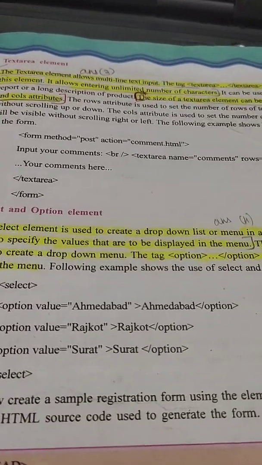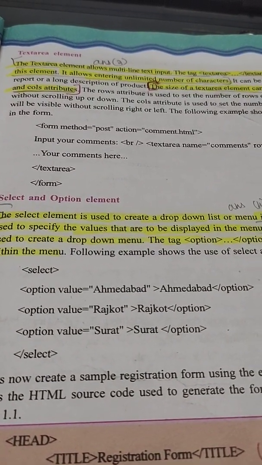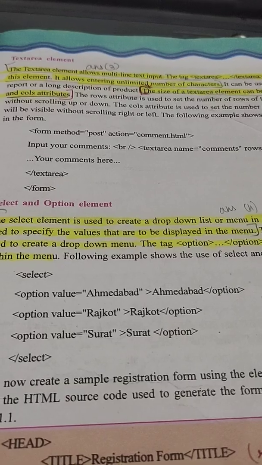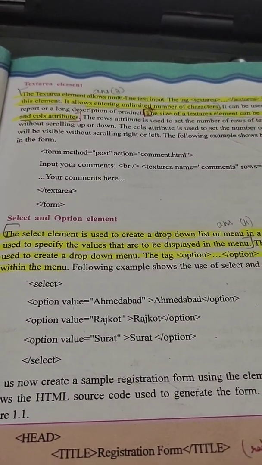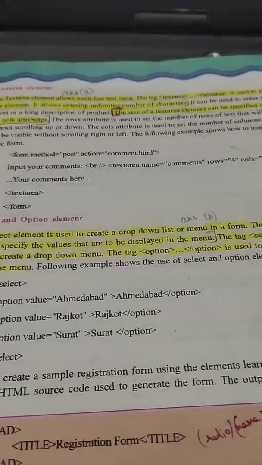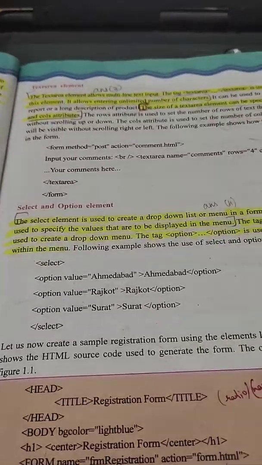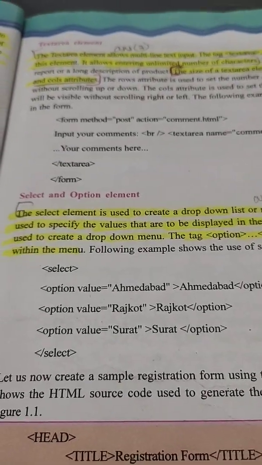The same example is given: select, option value Ahmedabad, option value Rajkot, and option value Surat. Means, in Gujarat only, we have 3 cities given and mentioned as options which you have to select: Ahmedabad, Rajkot or Surat. These are options.